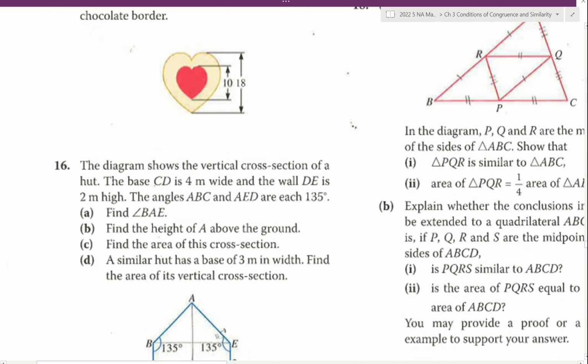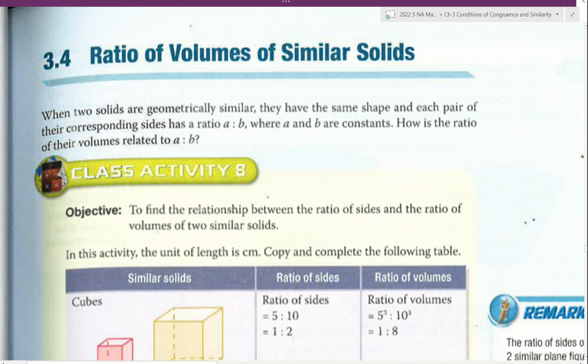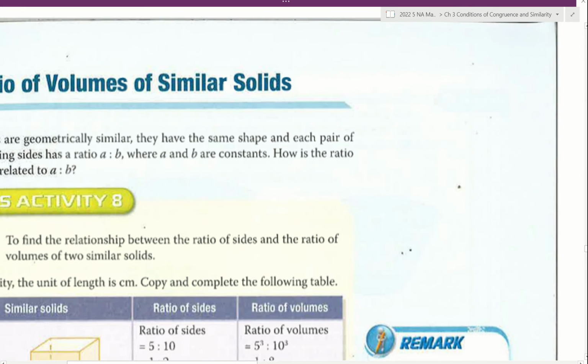Okay, so that is all for our 3.3. We move on now to 3.4. Ratio of volumes of similar solids. Now previously we did similar shapes. That's 2D. What happened when we had to find the ratio of area for similar shapes?